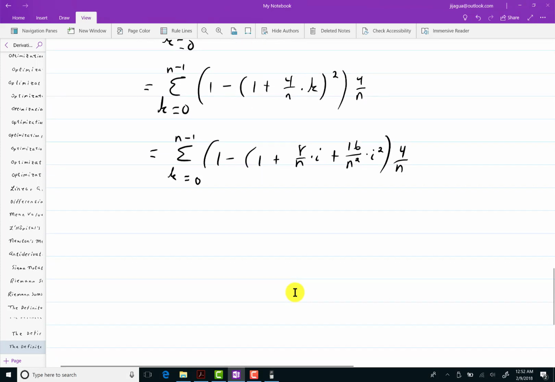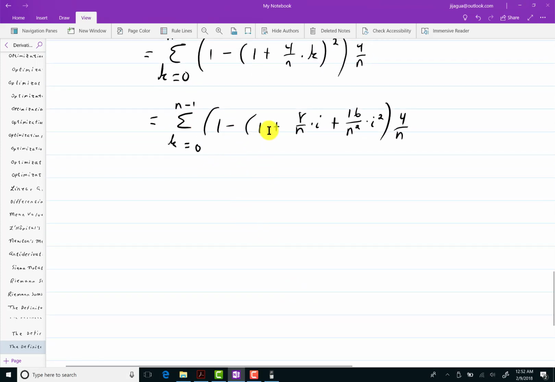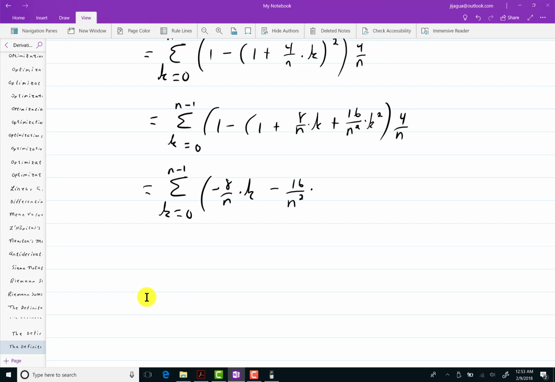Okay, as before, a lot of the same things are going to happen. The negatives are going to cancel, or the ones are going to cancel. Tell you what, I can't believe how hard it is to break out of this habit. So I have negative 8 over n times k minus 16 over n squared times k squared, times 4 over n. I'll multiply the 4 over n through.